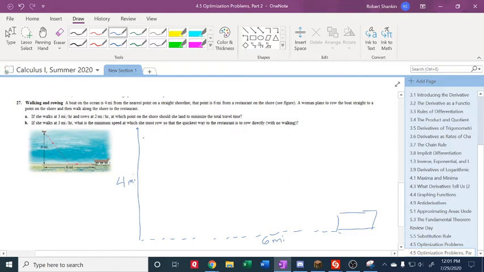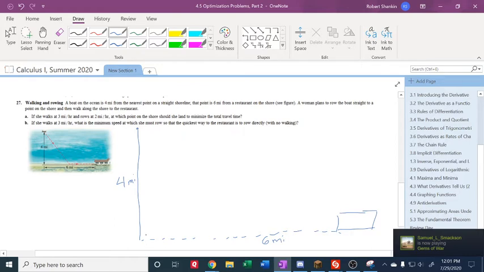Alright. Now my first instinct would be, oh, just get to the shore as fast as you can, because you can walk faster than you can row, and then walk the long distance and row the shortest possible distance. But it doesn't turn out to be this way.